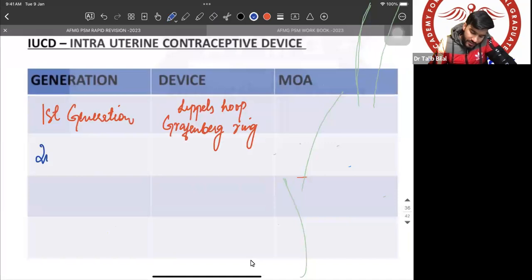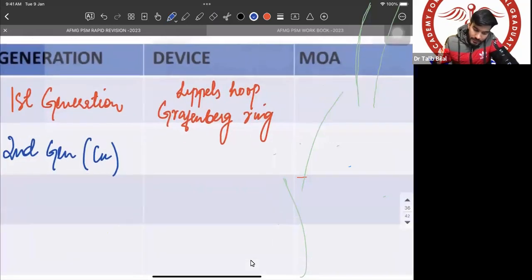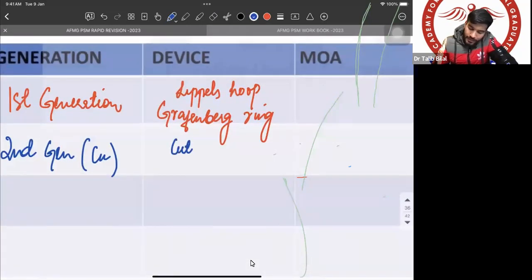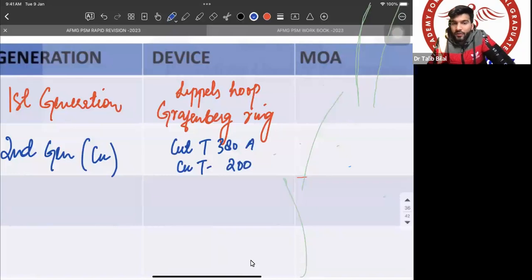The second generation are copper containing. What are the examples? You have Copper T 380A and Copper T 200.